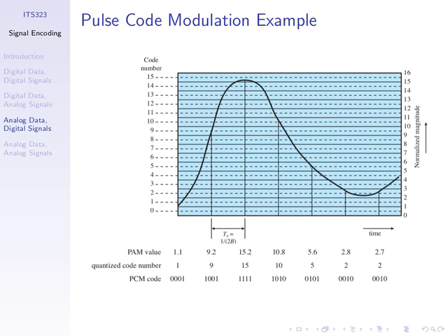Take a sample, 1 millisecond later, take another sample, convert to binary. Send that binary from the transmitter to the receiver. With 1,000 samples per second, every sample is 4 bits. In our example, one sample was represented by 4 bits. Therefore, we're generating 4,000 bits per second. So to send this analog data, we need to transmit at 4,000 bits per second.